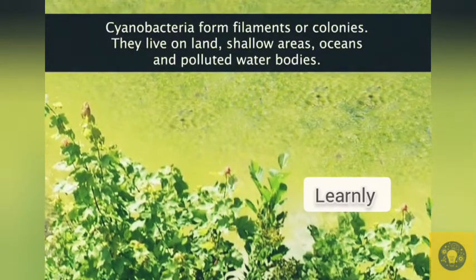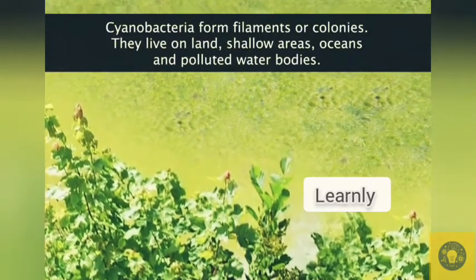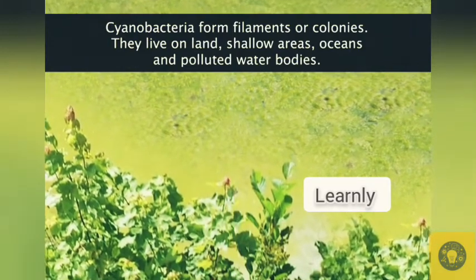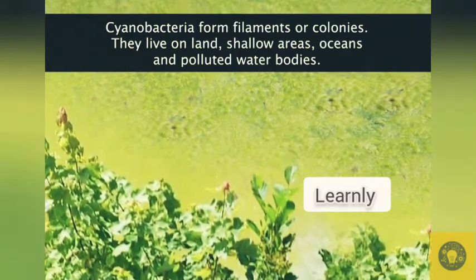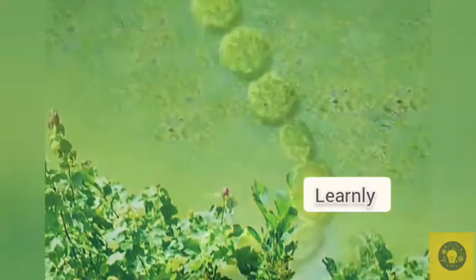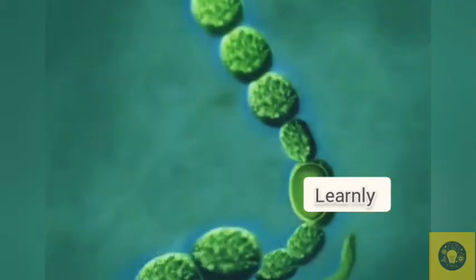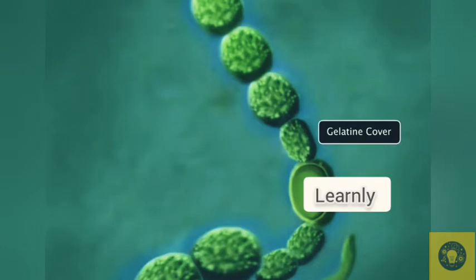Cyanobacteria form filaments or colonies and live on land, shallow areas in oceans, and polluted water bodies. Cyanobacteria are generally covered with a gelatin-like sheath. Some of them have special cells called heterocysts that fix atmospheric nitrogen.